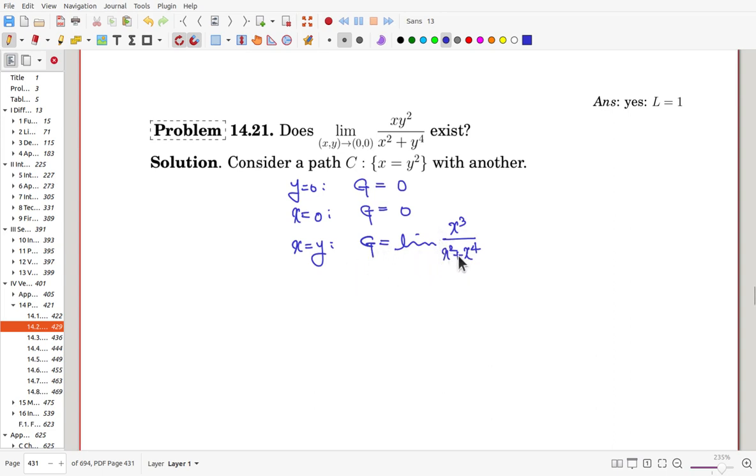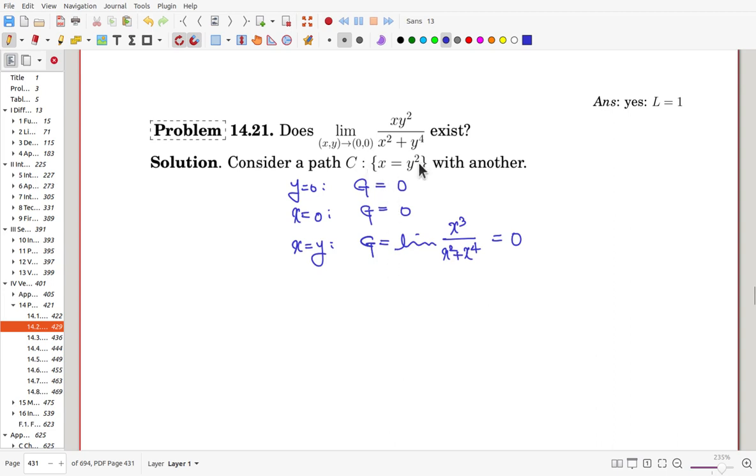In fact, this one is approaching 0, but we'll not consider the detail. But here we see another one. So far, for every curve we chose, the limit is always 0. So far, we cannot conclude if the limit doesn't exist.